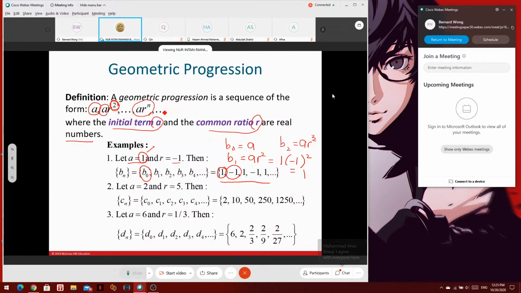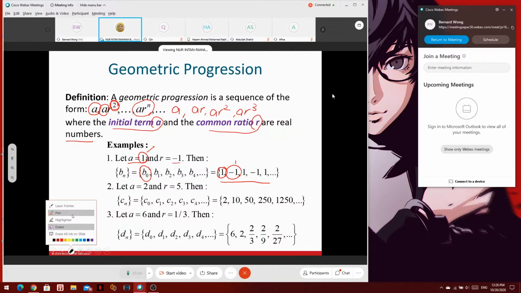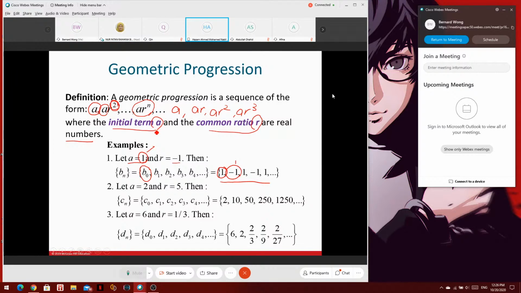So the form is different. It should be like this: a, ar, ar^2, ar^3. So everyone agrees, yeah? Okay, so just erase everything here. In the first term, the a is alone because the r next to it is to the power of 0, and anything to the power of 0 is 1, right?